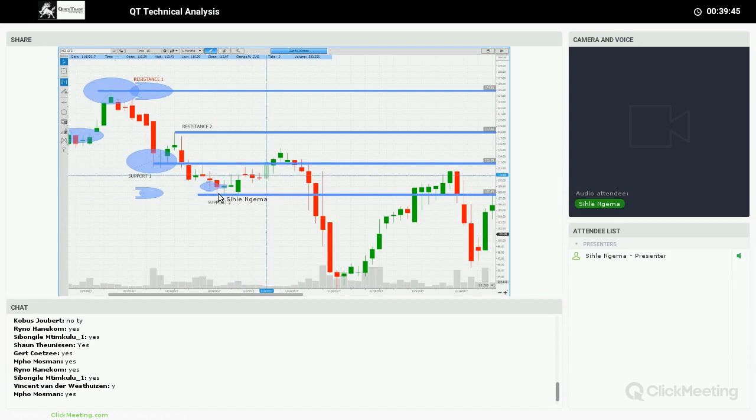As you can see, the share changed direction at support 2. When it got to support 1, it went slightly above and then started coming down back to support 2. So ideally, if I wanted to go short on this trade, I would have gone short at support 1. My entry would be support 1, go short.